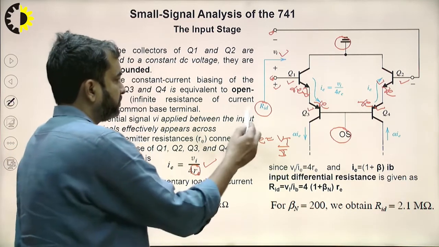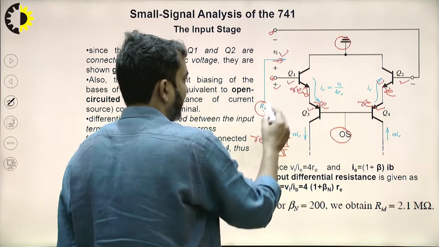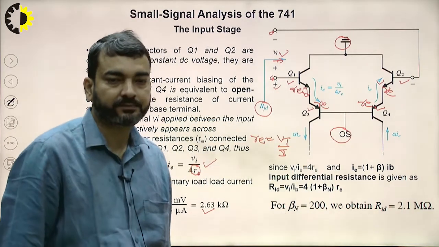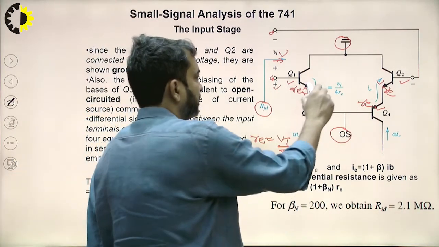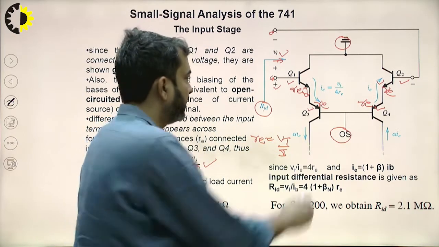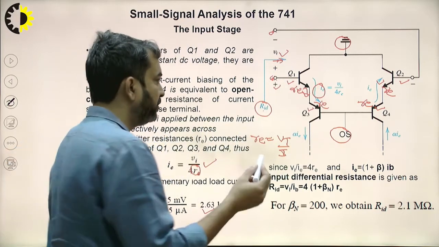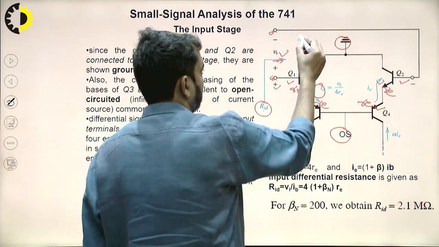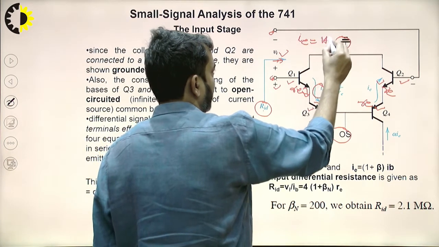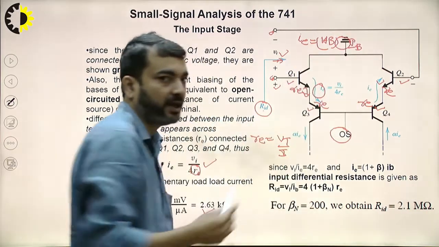Now for calculating RID, note that the input is applied over the base terminals, while the total resistance of this loop is 4 Re and the current flowing is the emitter current. We know the relation IE is equal to 1 plus beta times IB.